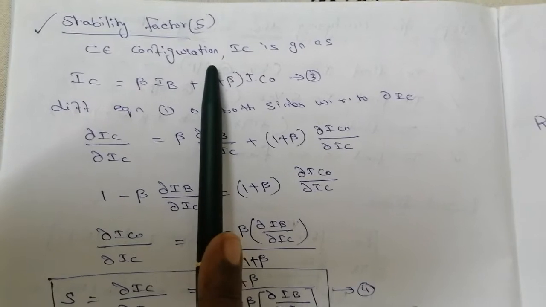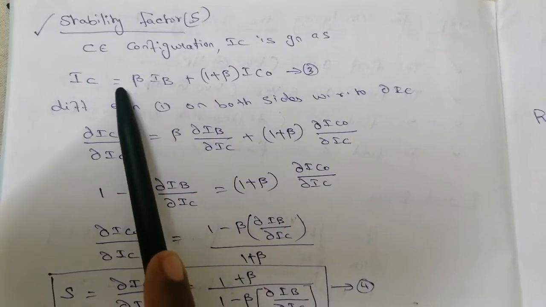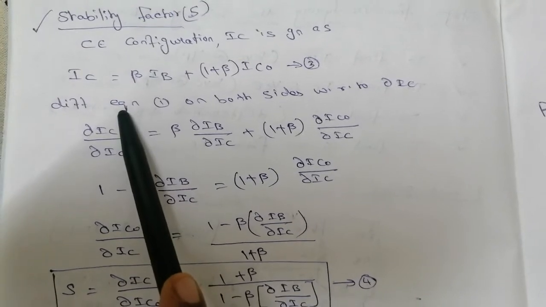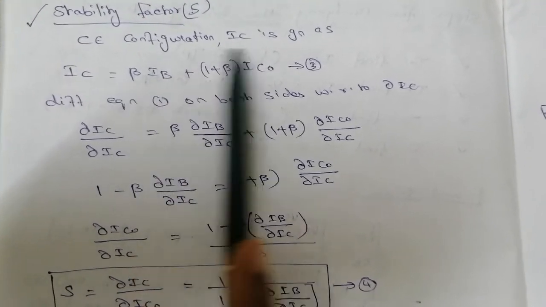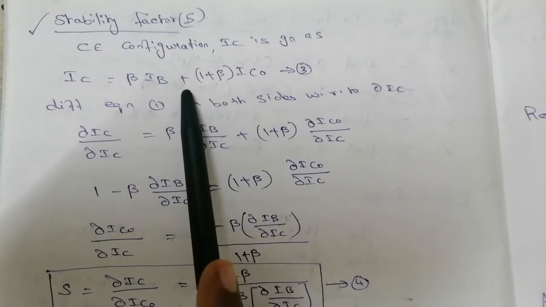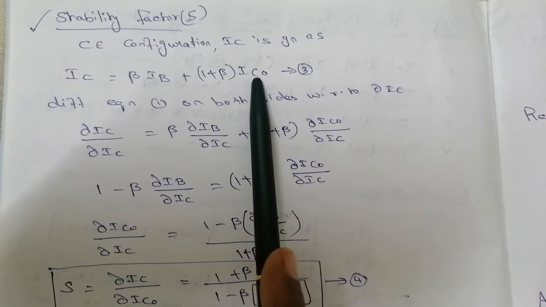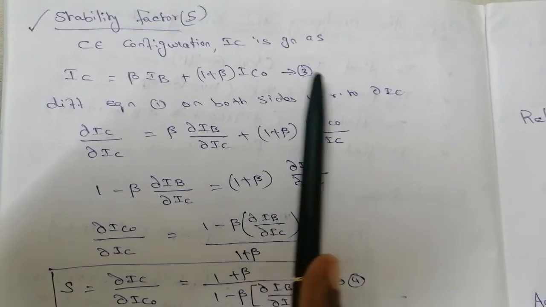So in the common emitter configuration, that is in a fixed bias circuit, we derive the base current and collector current. Already we know that the collector current for common emitter configuration is IC equal to beta IB plus 1 plus beta ICO. ICO is nothing but the reverse saturation current or reverse leakage current.